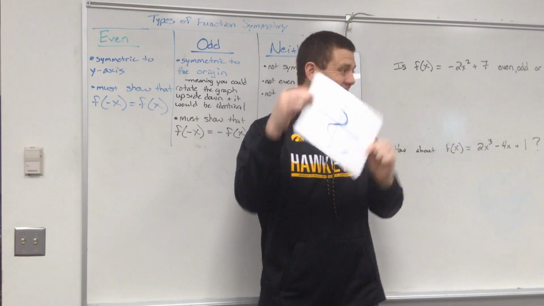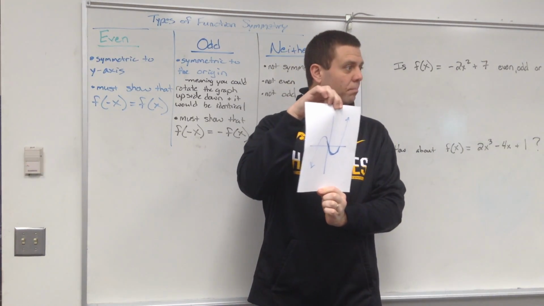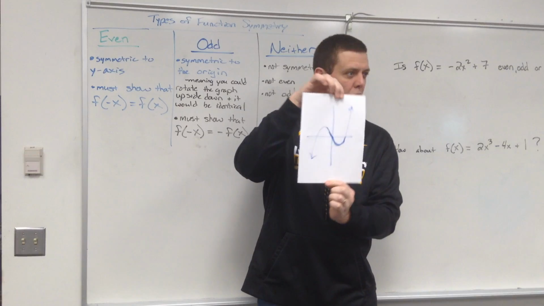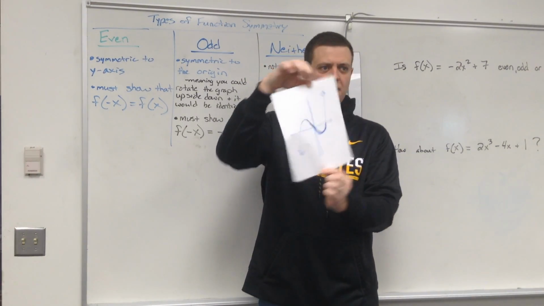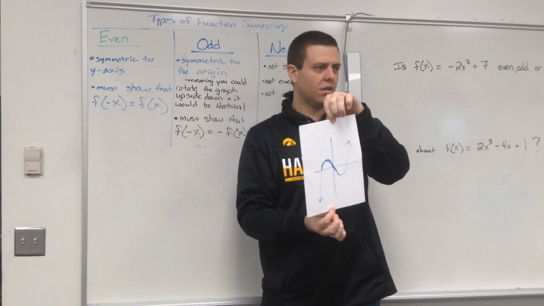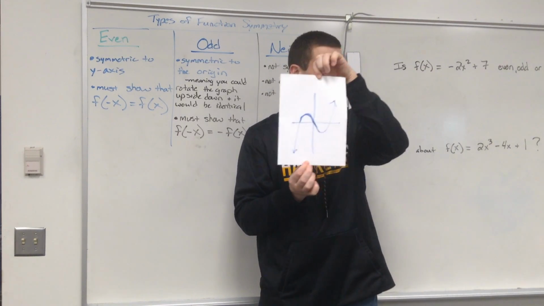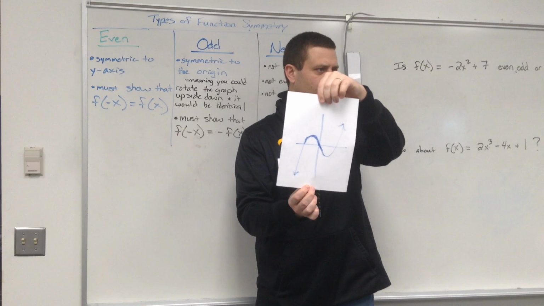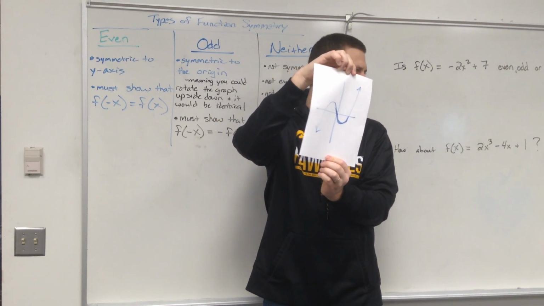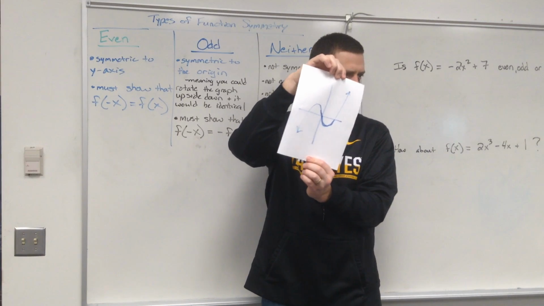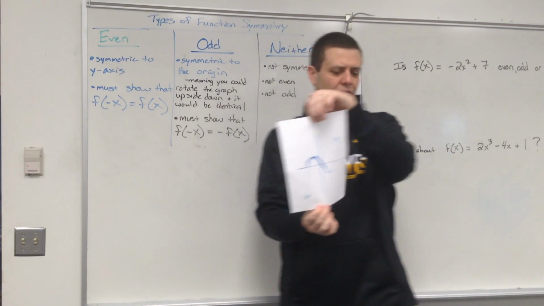This is an odd function. It's symmetric to the origin, meaning I can rotate it around the origin. I can rotate it 180 degrees, and you can't tell the difference. They'd be hitting the exact same coordinates, not knowing which way was positive or which way was negative. So that's an odd function.